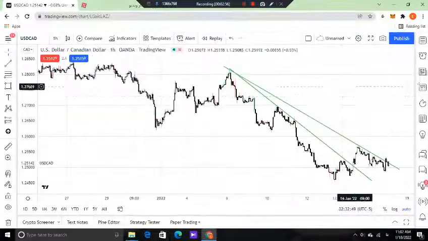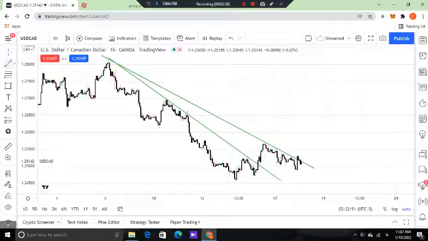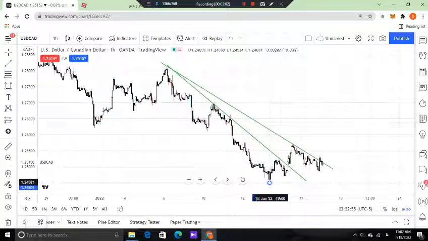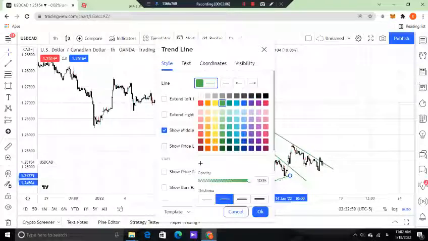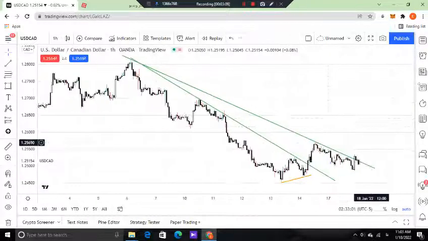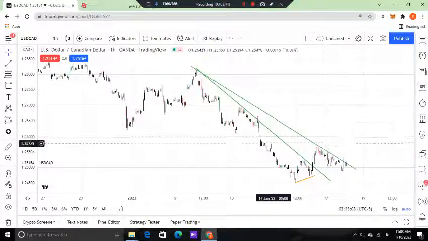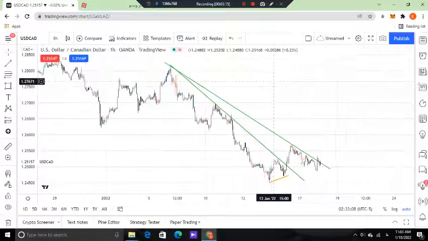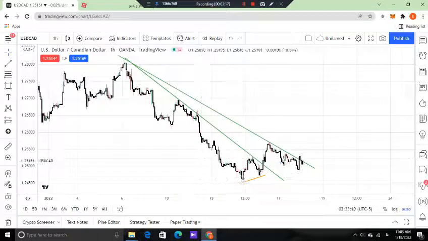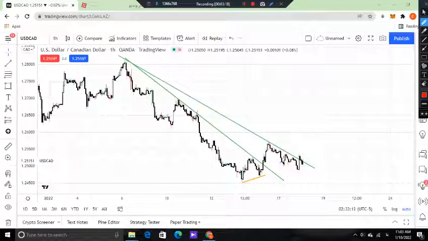You have to be suspicious about the resumption of the trend. You can conclude that something is fishy here. We're supposed to have lower lows, but here we see this higher low. What's going on here? So you can consider this possibility.